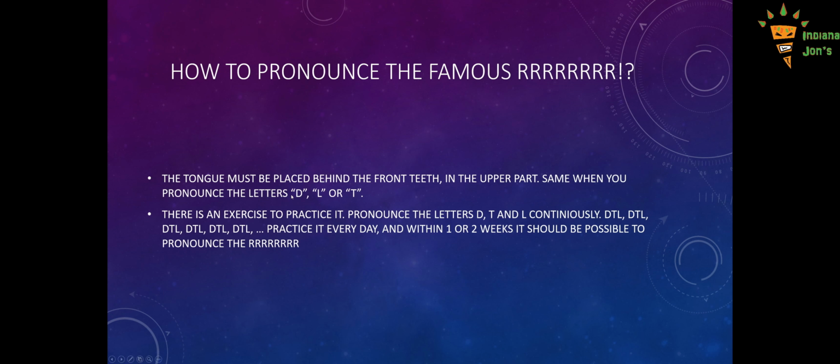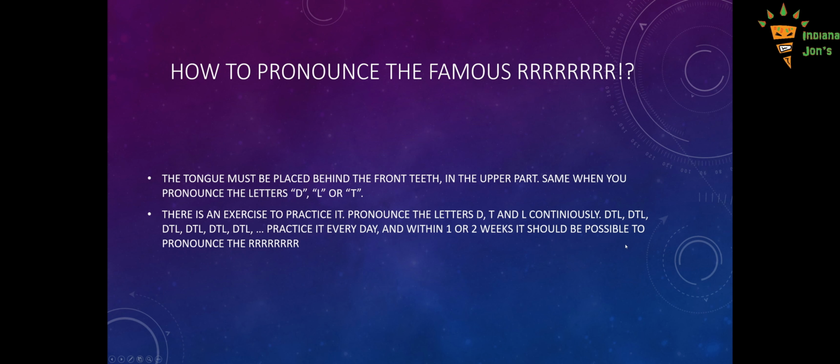You can pronounce these three letters as fast as you can, and you will practice this for like 1 or 2 weeks. So you can make your tongue get used to staying at that point with the specific power required to make the tongue bounce to pronounce the R. So all you have to do is DTL, DTL, DTL, DTL, DTL.